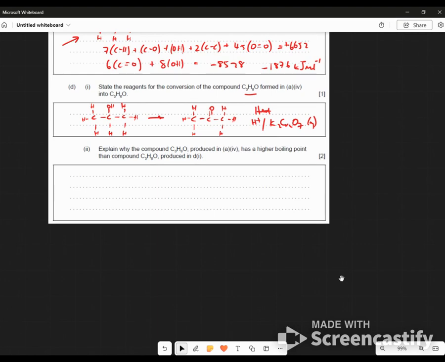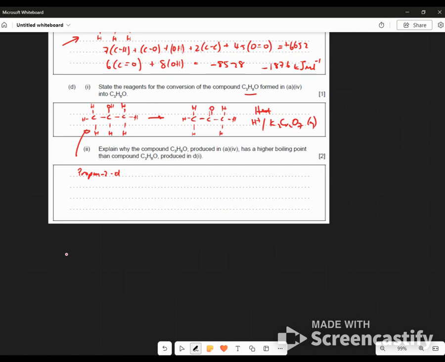Explain why this compound has a higher boiling point than that one. Well, the first compound is an alcohol, as you know. So this guy is propan-2-ol.